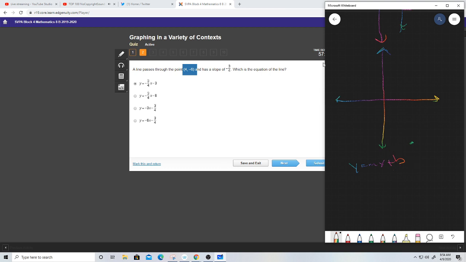Let me try to make one of those fancy squares. Oh yeah! This is the b, or the y-intercept. How can the y-intercept be here if the point 4, -6 is here, and the slope of this line is something like 1, 2, 3, 4, 1, 2, 3, it's like this. So can this line be here and this little dot here at the same time? No, it cannot. It's got to be this guy.